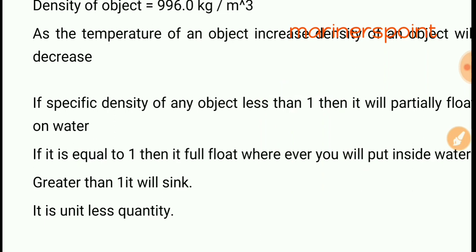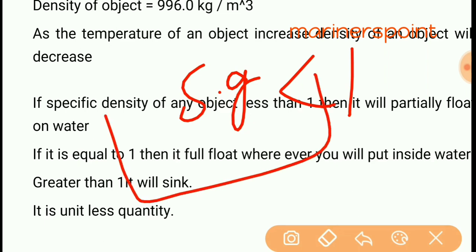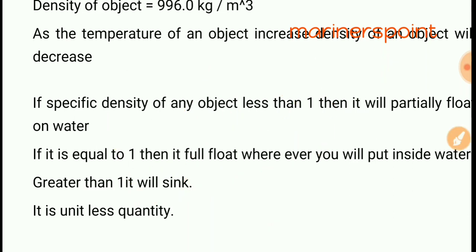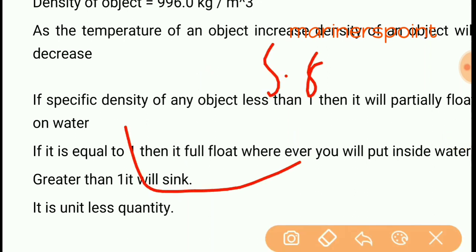If we put an object in water and we know its specific gravity, what does it mean? If the specific gravity of an object is less than 1 and we put it in water, it will partially float, not fully float. If the specific gravity is 1, then wherever you put the object, it will float inside the water.